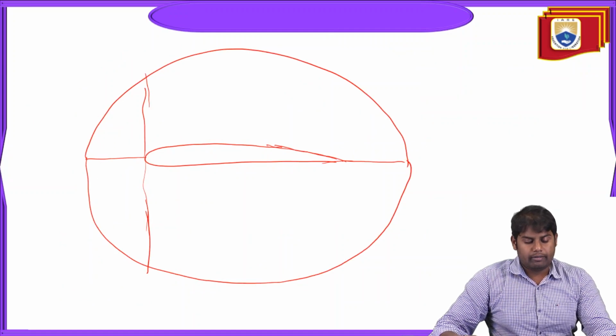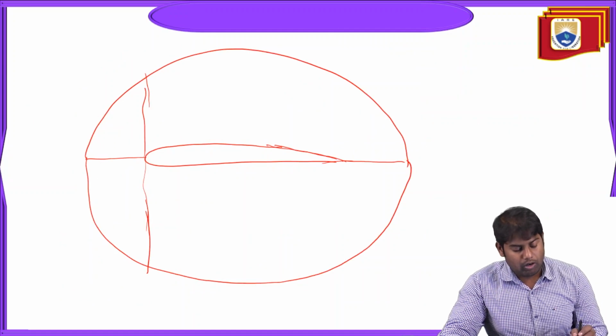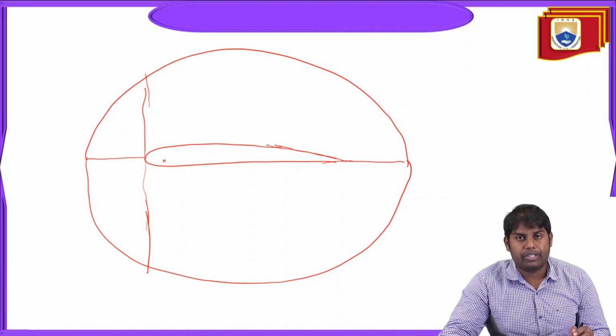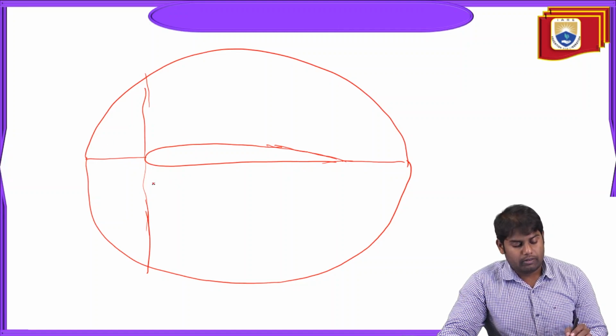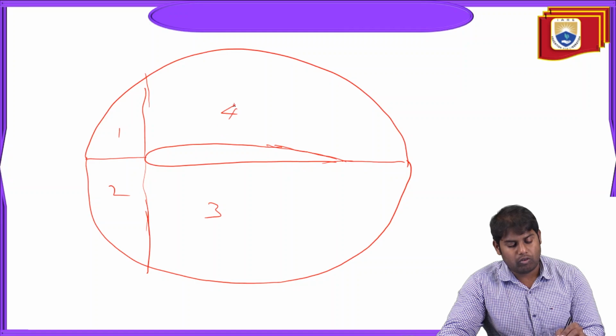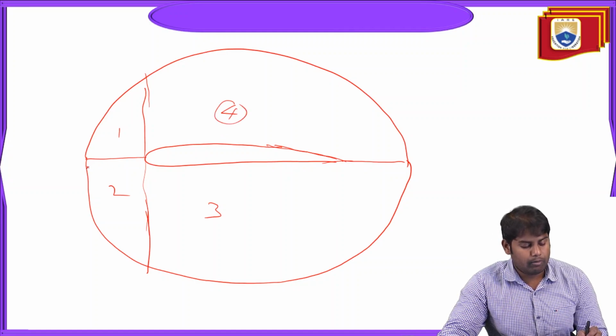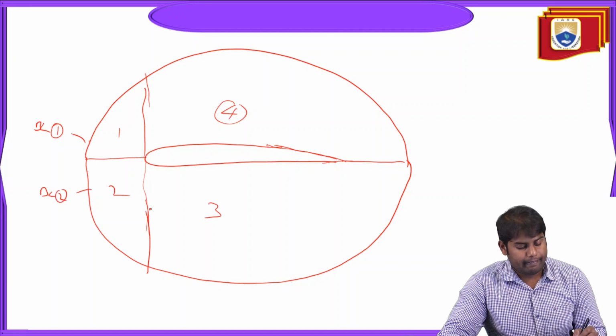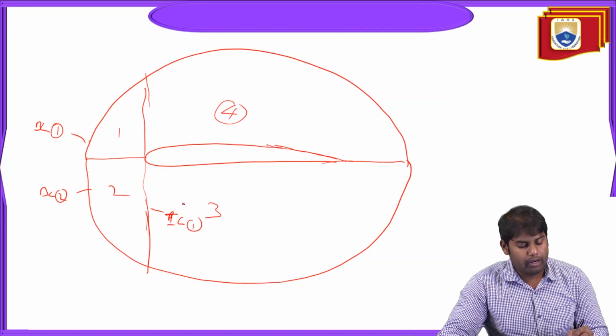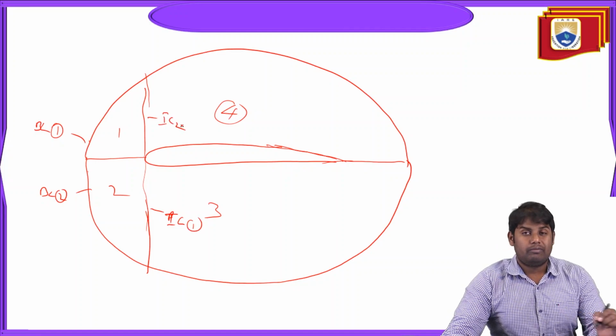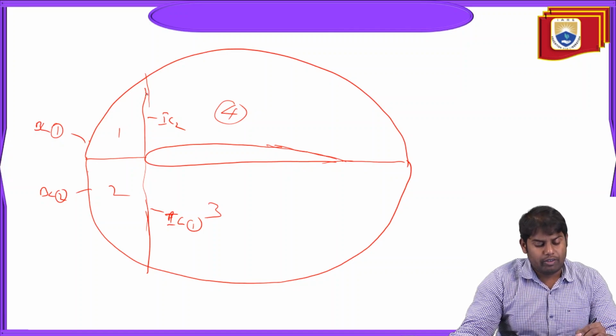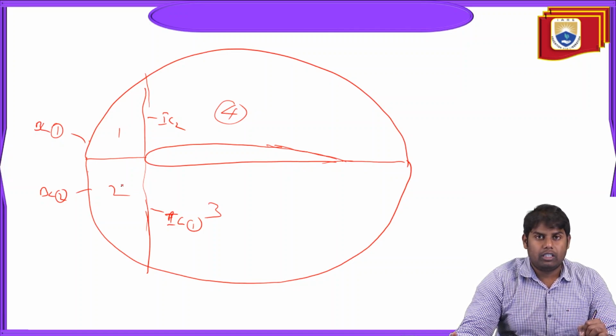Here you can see the boundaries, whatever is available over this mesh or the domain. So 1, 2, 3, let's say we have 4 domains. So we say boundary 1, 2, 3. Let's say this is boundary 1, BC1. This is BC2. This is called internal boundary, IC1. Let's say this is IC2. When you are doing the simulation, the internal boundaries will not come into the picture.